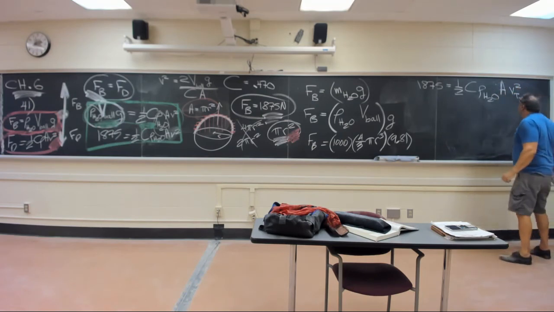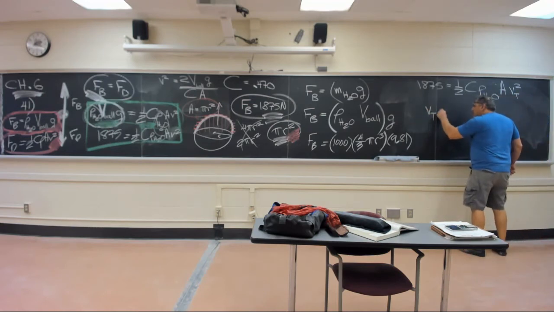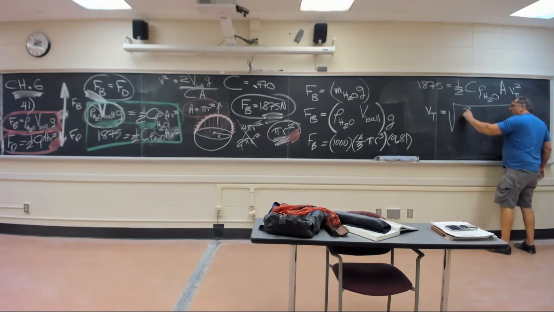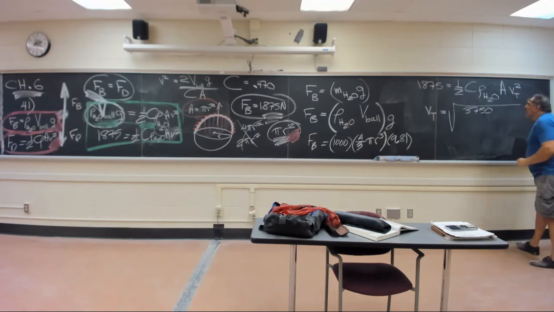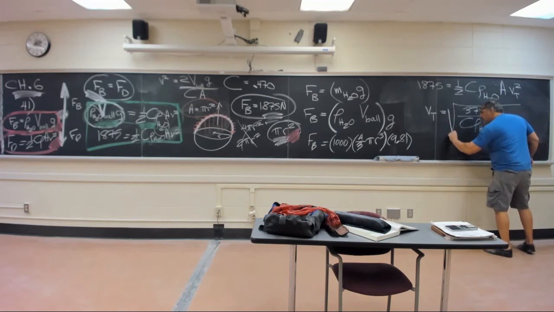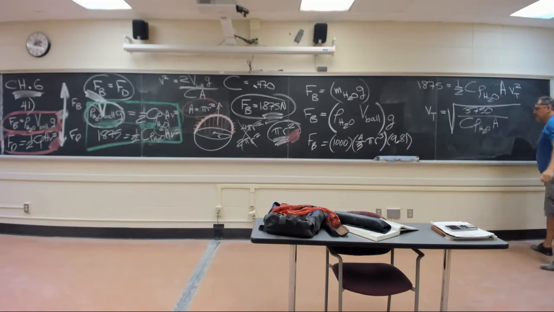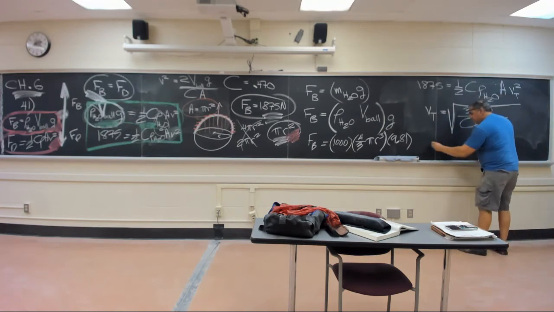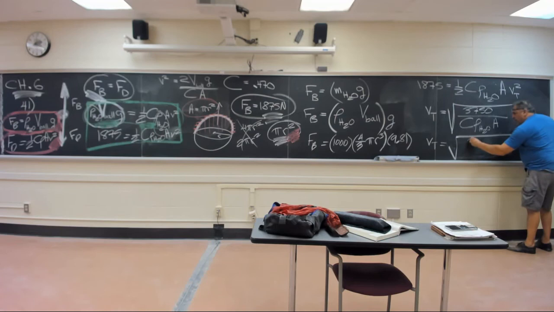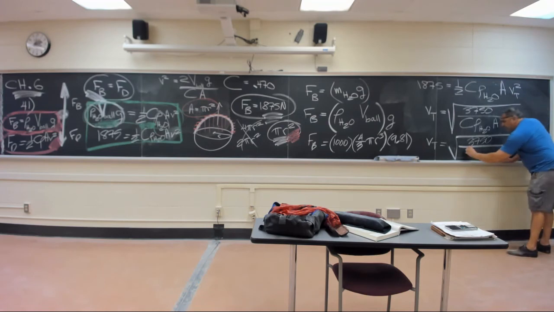Terminal velocity is going to be the square root of a lot of stuff. You're going to multiply by 2 all the way across. You're going to divide by the product, C, rho H2O, and A. So what are we doing here? We got 3750. The capital C is 0.470.